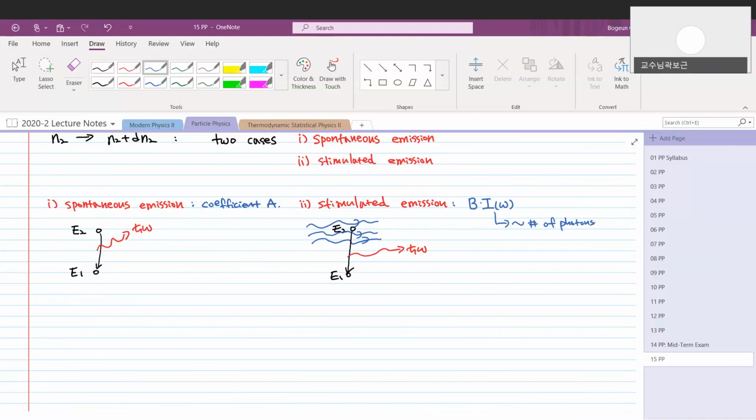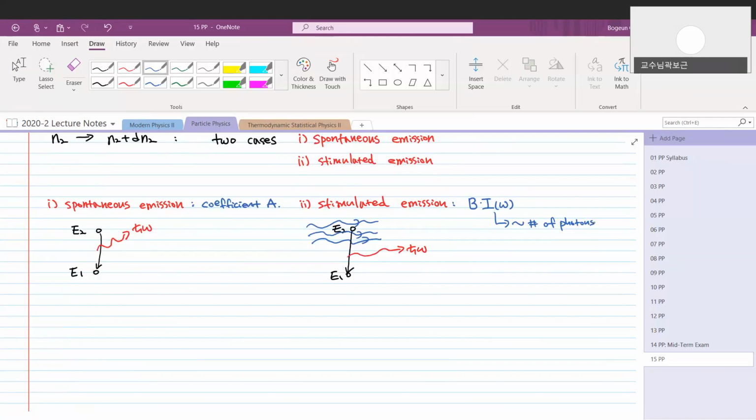So spontaneous emission is proportional to the number of atoms at the state E2, and stimulated emission is also proportional to N2, but it is also proportional to B I omega.